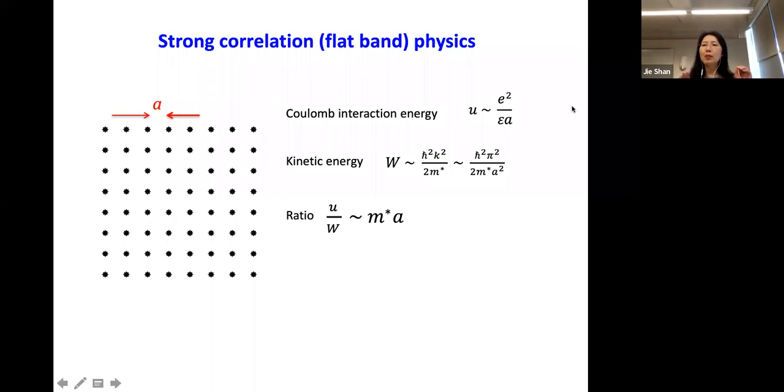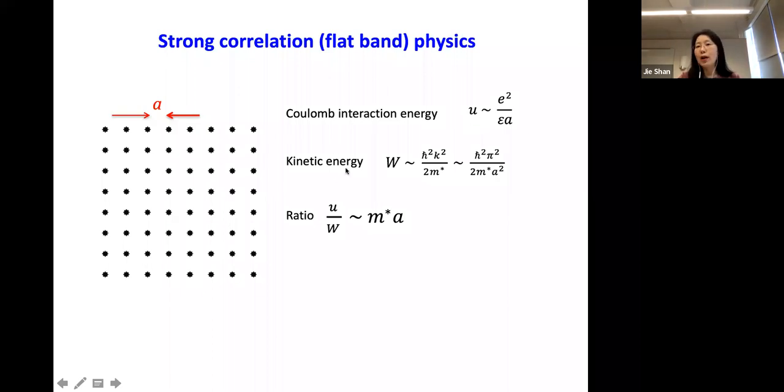When we say something is strongly correlated, what we mean is that the Coulomb interaction energy is bigger than the kinetic energy. So if we just have some kind of 2D periodic structure, let's say the spacing is on the order of A, and then we can estimate the Coulomb interaction energy. It's going to be charge squared divided by distance and scaled by some dielectric constant of the medium, right?